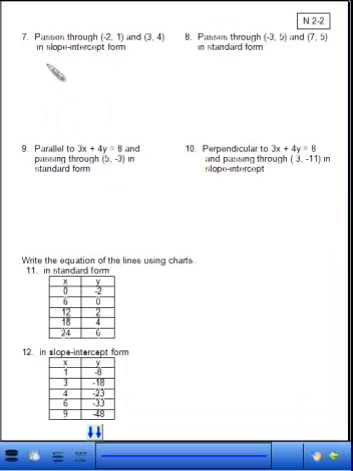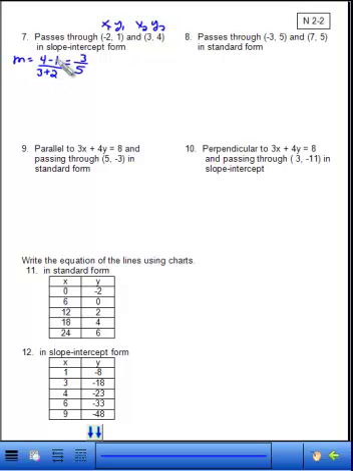Okay. We want the formula of the line passing through 2 points in slope-intercept form. So you have to find the slope first. The slope is going to be 4 minus 1 over 3 minus a negative 2, or 3 plus 2. And that's going to be 3/5.